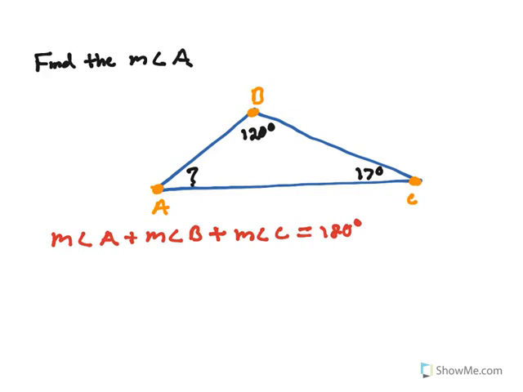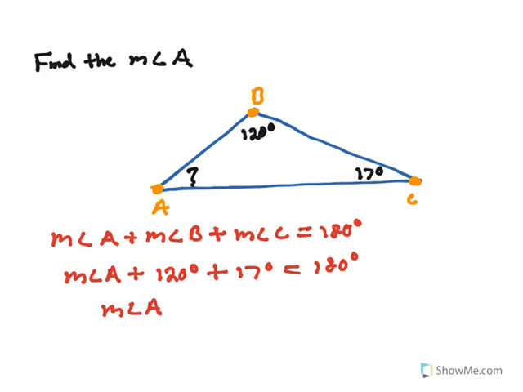All right, so let's plug in what we know. We don't know what the measure of angle A is, but we do know the measure of angle B from the diagram, which is 120 degrees. We do know the measure of angle C, which is 17 degrees, and all three of those angles have to sum up to 180. So now it's just algebra.